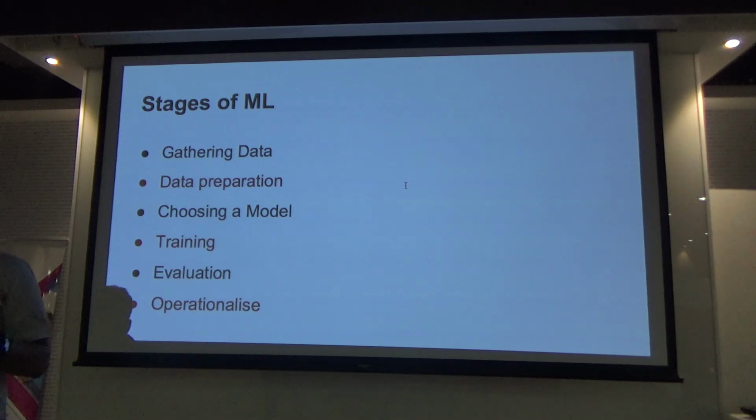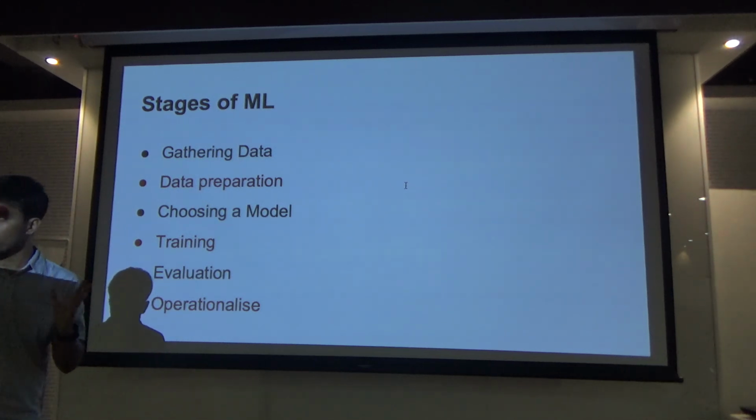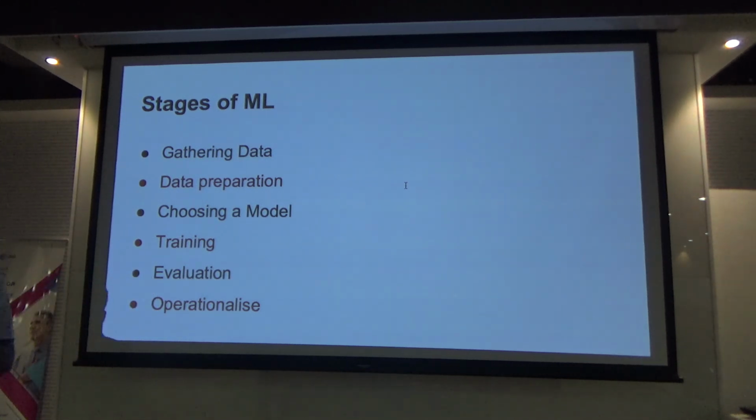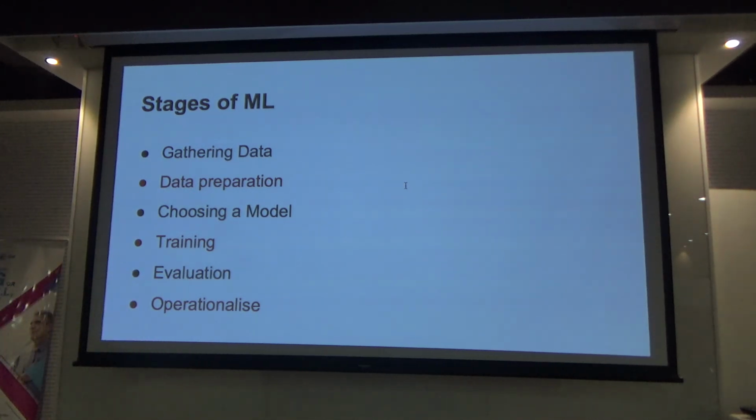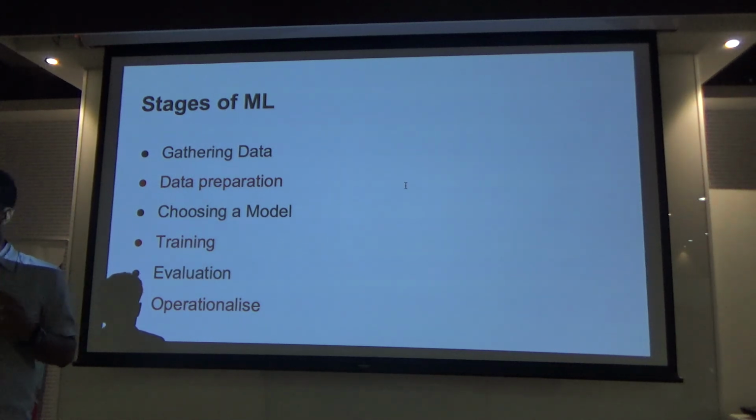Then you choose a model. Based on the problem you are trying to solve, you choose a model, and then we do the training. That is the actual machine learning training, running at scale. Then we do the evaluation, to see whether the trained model is a good model or whether you want to tune the parameters.